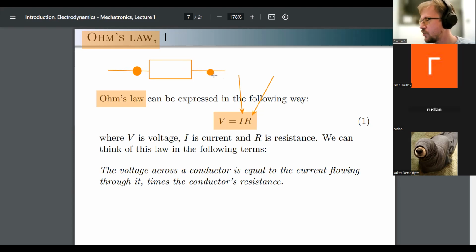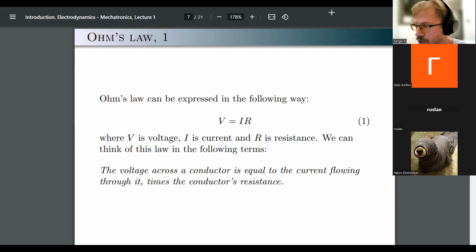If you had a voltmeter, you could measure at those 2 points, and that is where you would see this V. There will be a difference in potential between those two.